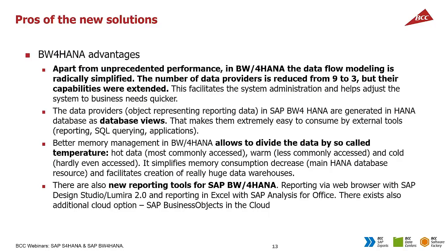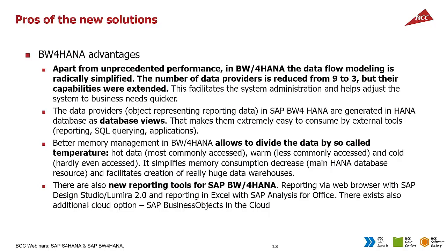The reporting on the HANA platform is quick, and with BW for HANA it's very quick. But what's also important is that the system is simplified. For example, the data providers, so the stores for data, were simplified. Instead of 9 in the current version, there are 3 in BW for HANA, but the capabilities were extended.